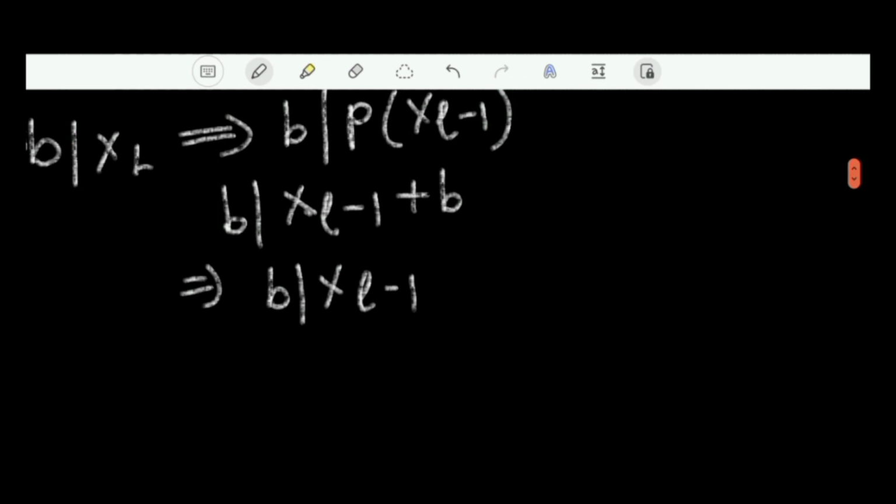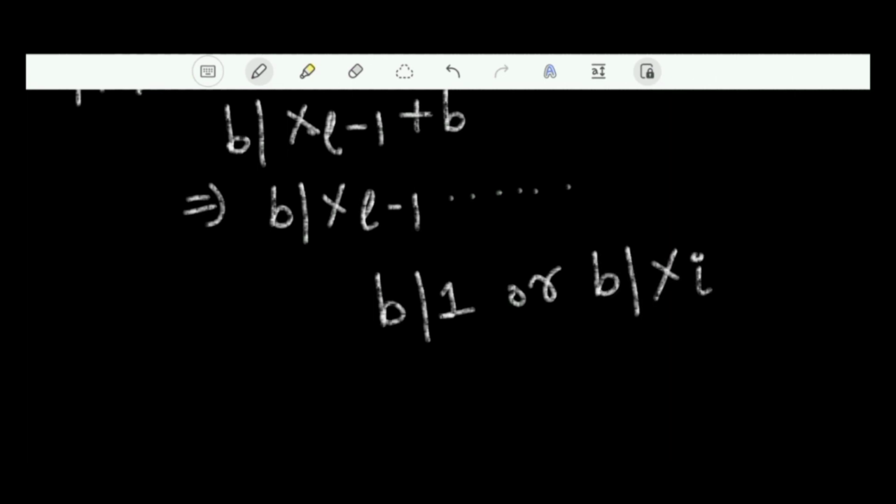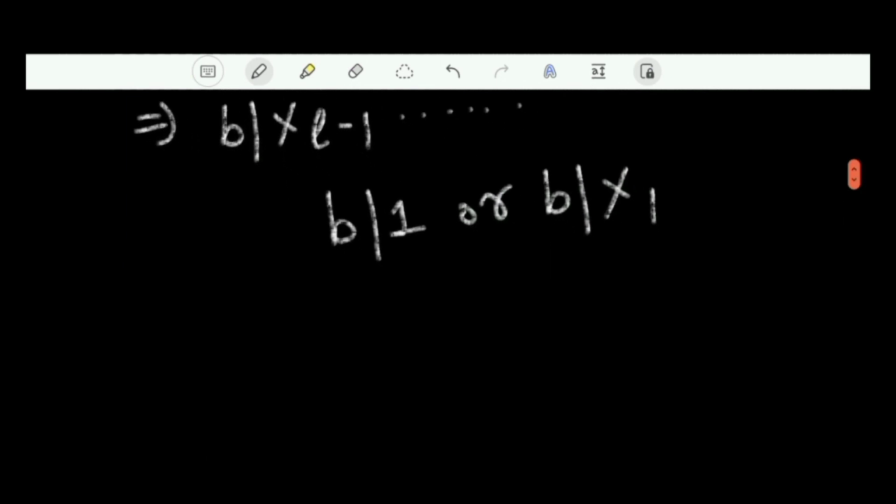And now that backtracking will continue like this, and we will stop at 1, our starting value, the first term of the sequence, x1, and this implies that b divides 1.